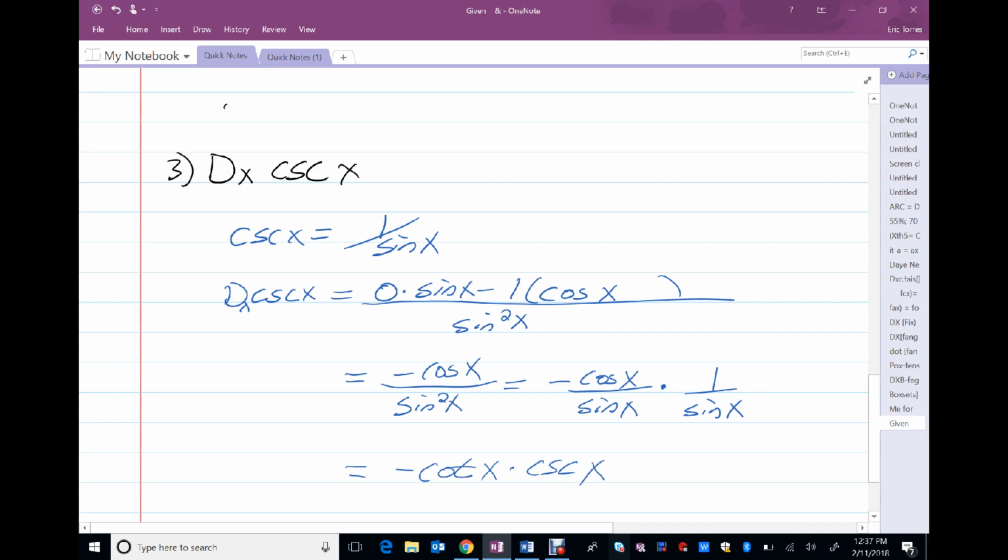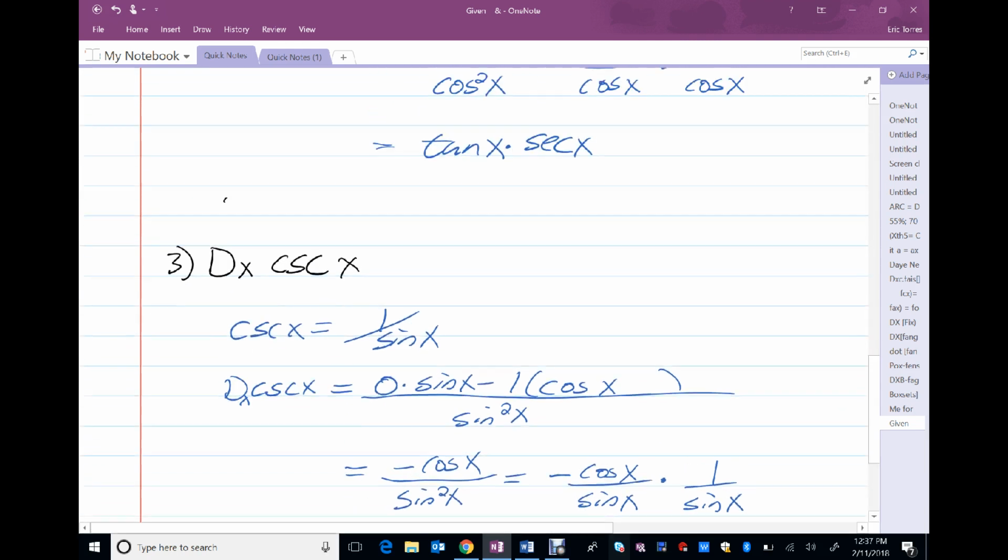So the derivative of cosecant is negative cotangent of x times cosecant of x.